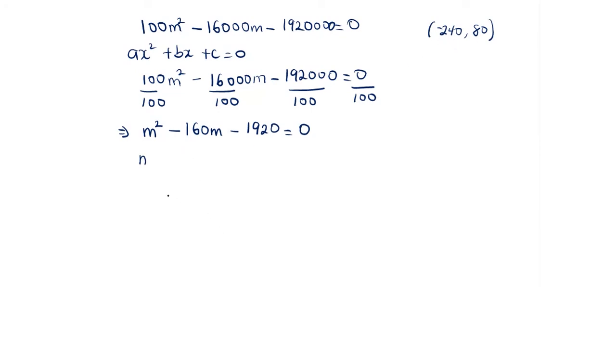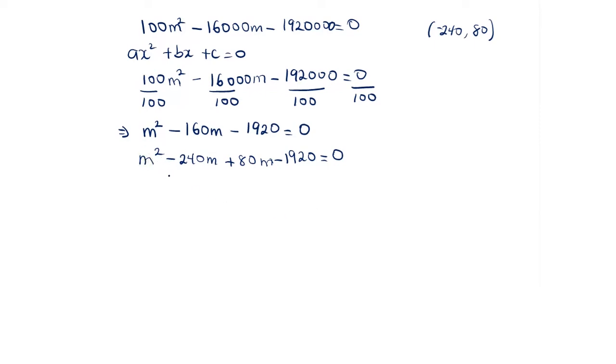So substituting our factors here, we are going to get M squared minus 240M plus 80M minus 1,920, all equal to 0.